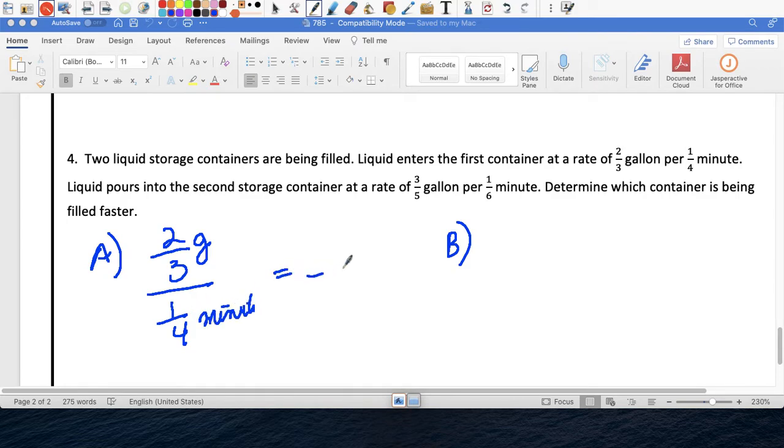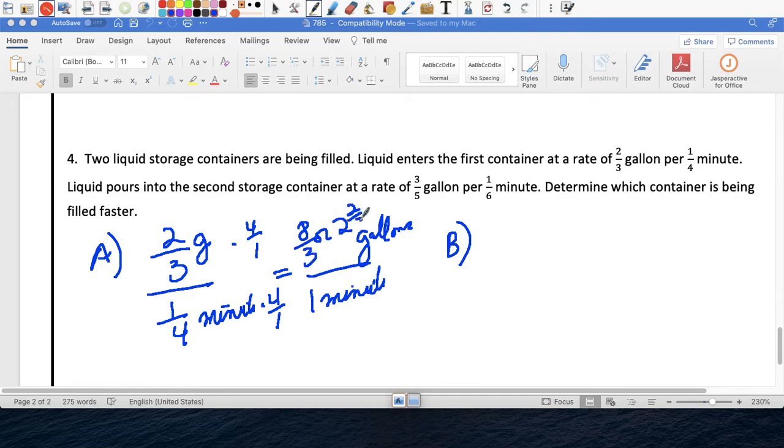So in 1 minute, let's find out how many gallons it's getting. So we're going to multiply that by the reciprocal, 4 over 1. This is going to be 8 over 3, or 2 2/3 gallons. So it's gaining 2 2/3 gallons every minute.